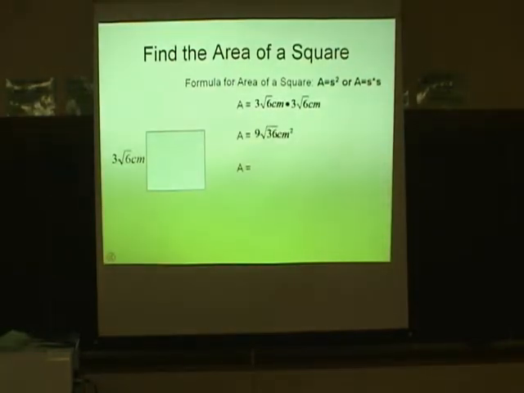Now what we can do is multiply the two coefficients, which would be 3 times 3, which is 9, and multiply the two radicands, which would be 6 times 6, which is 36. Now again, from our chart before, the square root of 36 can become a 6, so that goes with our 9, and the last step would be the 9 times the 6, which would make 54 centimeters squared, and that is our answer.